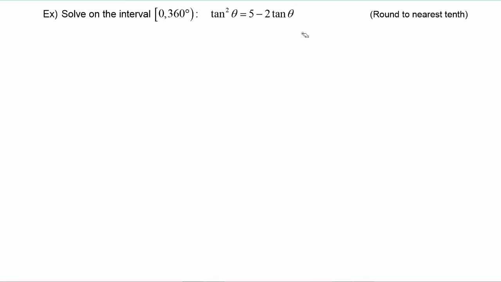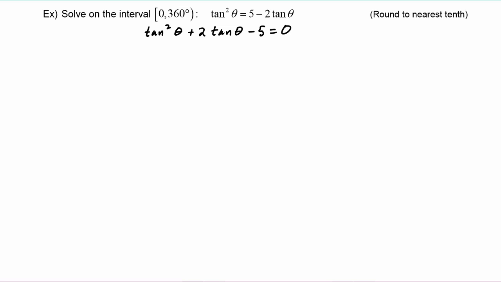By now, we probably all feel pretty comfortable knowing we have to gather up the terms, and we'll want to do it on the left-hand side since the tangent squared is already positive there. So we're going to get that tangent squared of theta plus 2 times the tangent of theta minus 5 is going to equal 0.